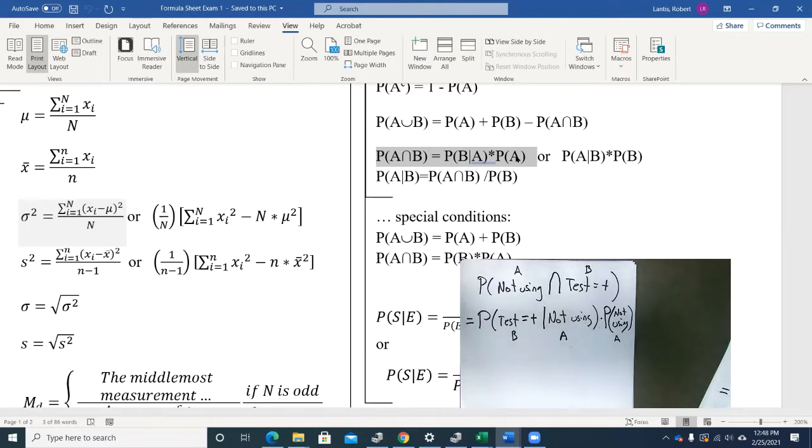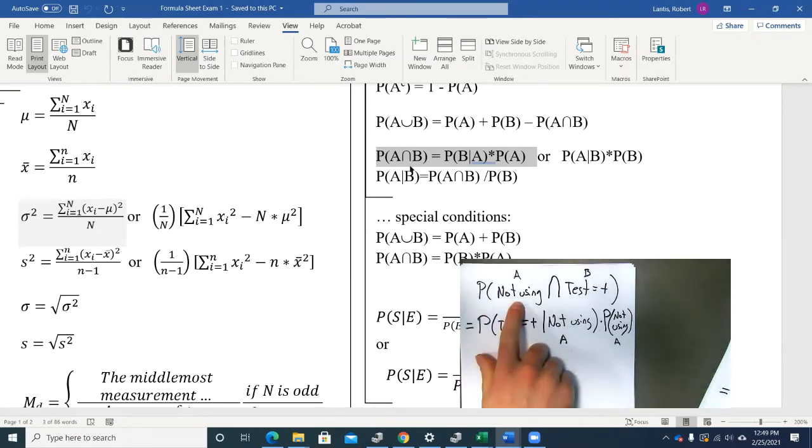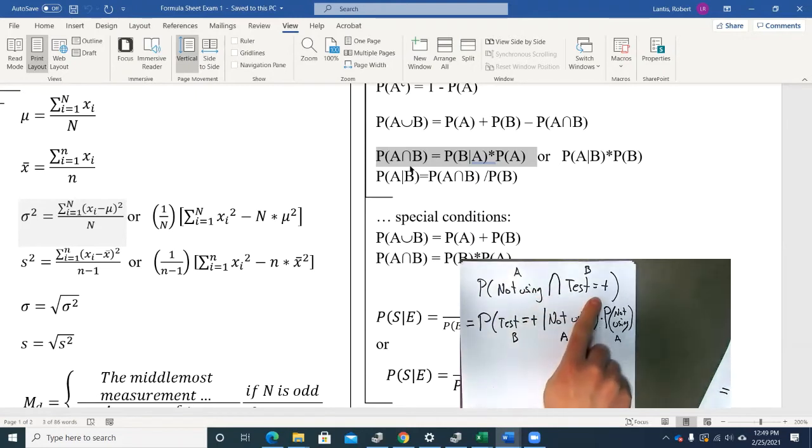Yeah? So what's the best way to determine what A and B are? I mean, I'm usually pretty kind, but it doesn't really matter what we call these, right? The general form of the equation is calling them events A and B. And so I can just think about whatever's in this first category, right? When I'm asked for that probability, it said, what's the probability someone's not using and the test comes back positive?